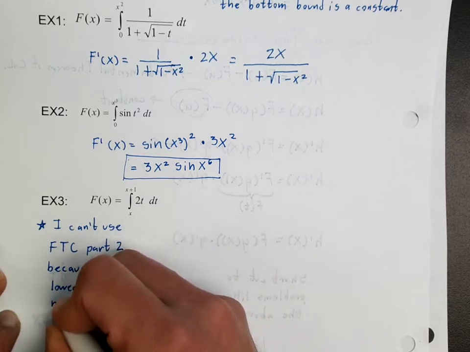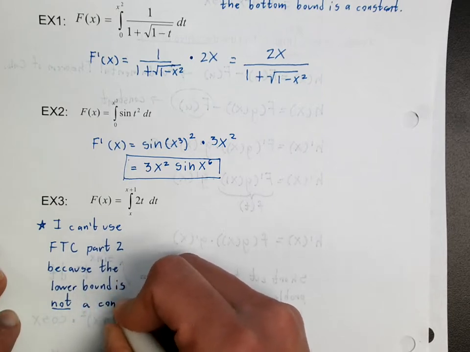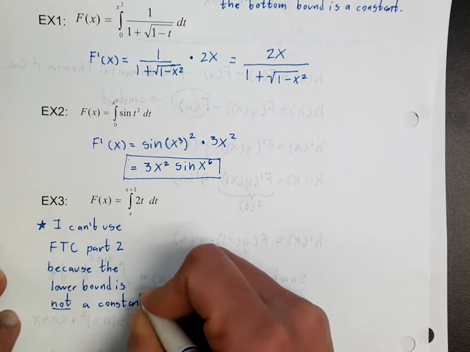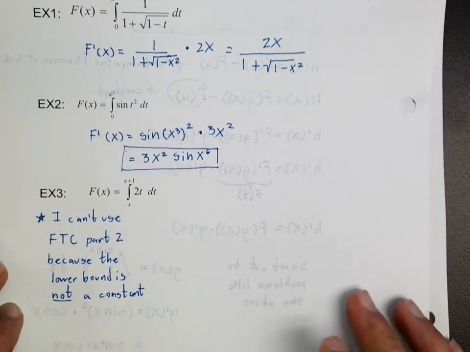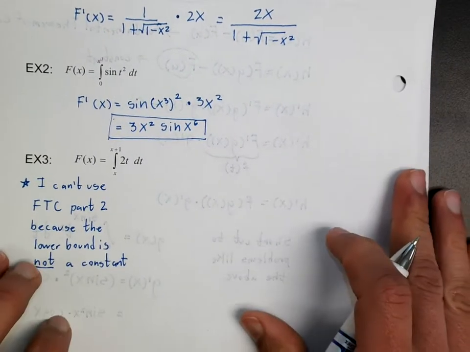Or it's not a constant. So it's not a constant, therefore I cannot use the fundamental theorem of calculus part 2. So on this one I do have to integrate this.